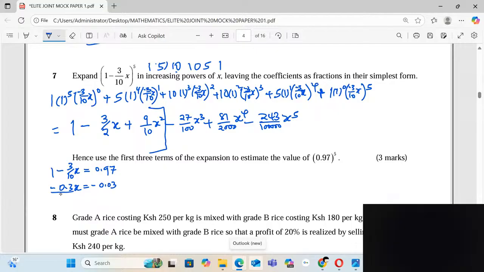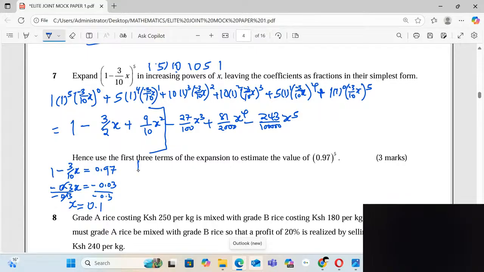So we divide by negative 0.3, that way, and then x becomes 0.1. So that now we solve our equation.